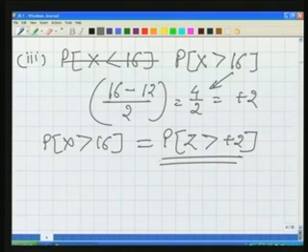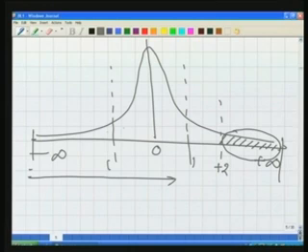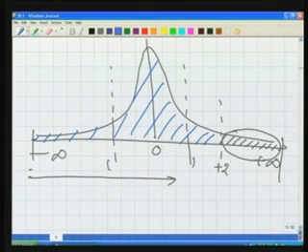Well, this we can write as, you can see here, this area is the same as the total area, which is 1, minus this white area here. If I do blue lines, shaded by blue color, so 1 minus the area shaded by blue color.